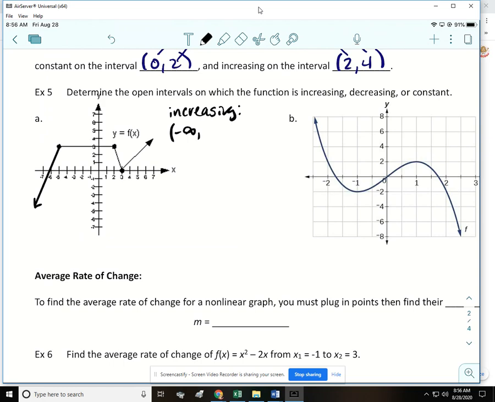And we're going to increase until we get to this point right here. And what matters at that point is the x, not the y. So the x, where the function stops increasing, is -5.